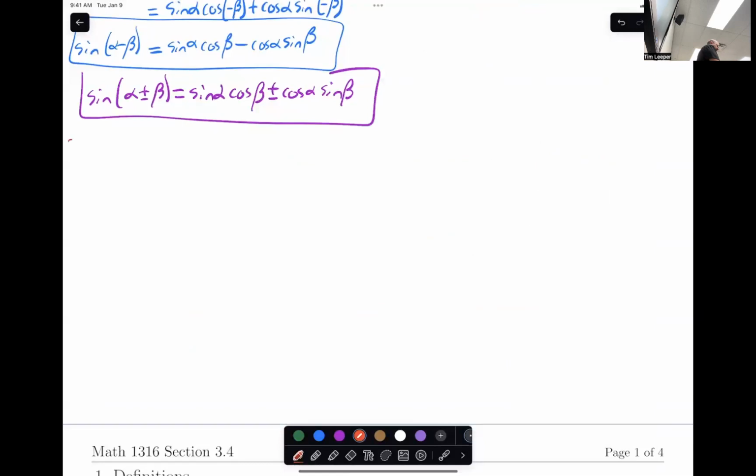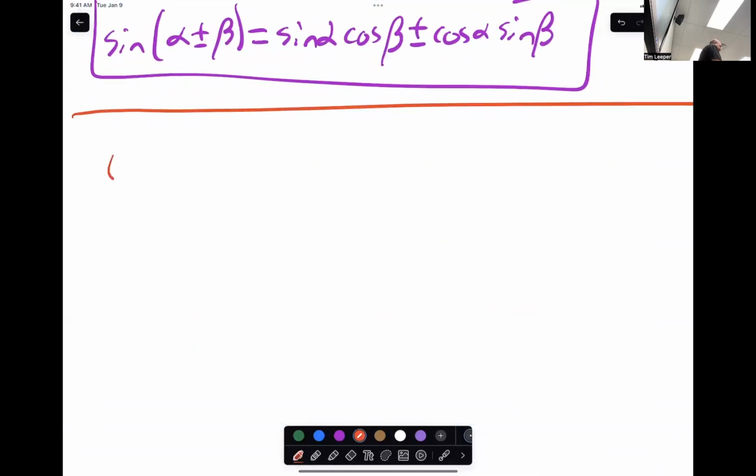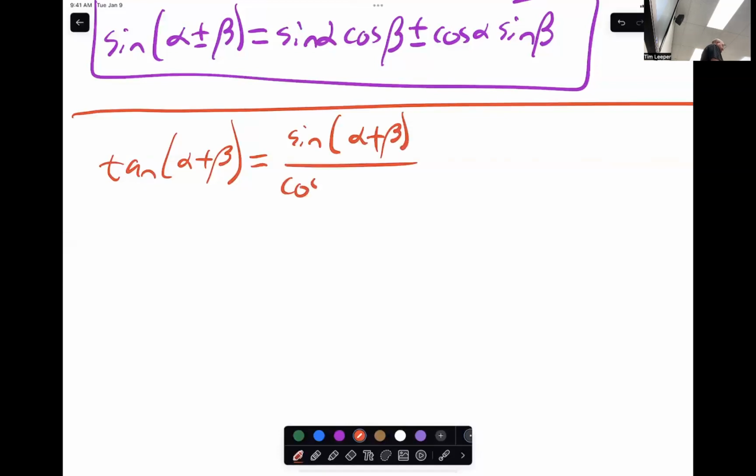So here's what I'm going to do. I'm going to look at the tangent of alpha plus beta. Well, the tangent in terms of sines and cosines is just sine divided by cosine, right? So tangent of alpha plus beta is equal to sine of alpha plus beta divided by cosine of alpha plus beta.